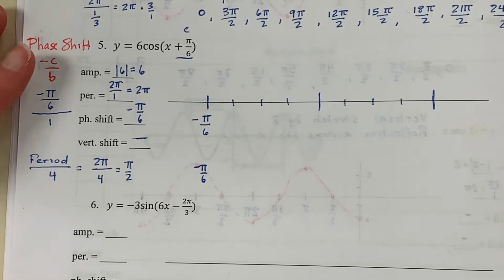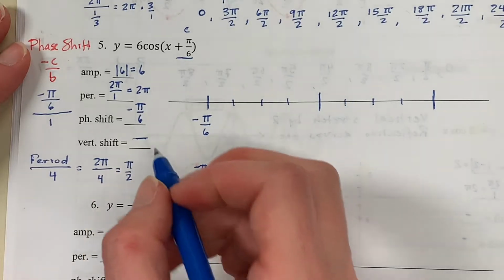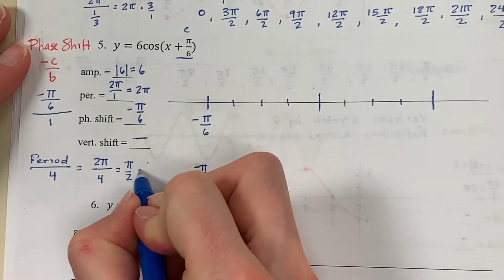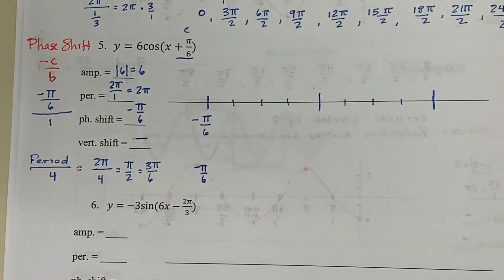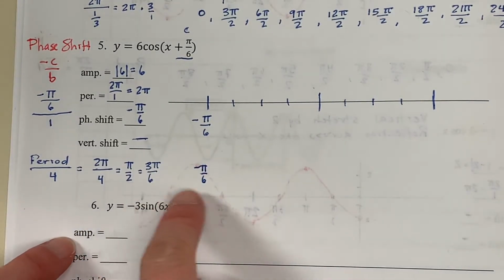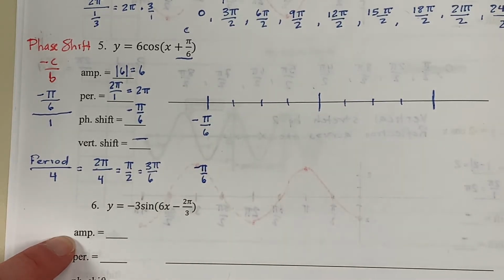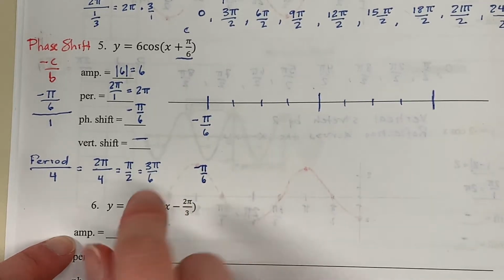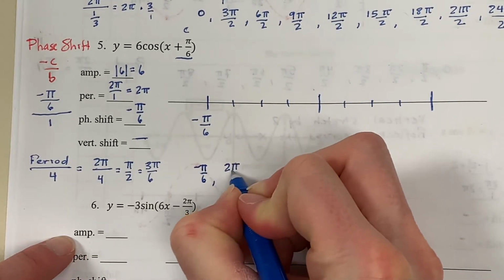Now I need a common denominator, so I'm going to multiply numerator and denominator of pi over 2 by 3 to get 3 pi over 6. Those are equivalent, it's just now I have a denominator 6. So I'm going to add 3 pi over 6 to negative pi over 6 to get the next x value. So negative pi over 6 plus 3 pi over 6 is 2 pi over 6.